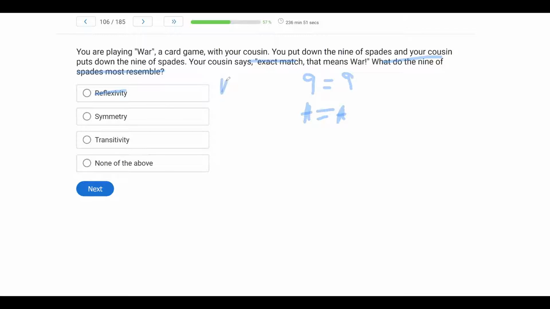Because with reflexivity, we're talking A equals A. If we had symmetry, we'd be talking A equals B, B equals A. And then transitivity, we'd be A equals B, B equals C, A equals C. So again, we don't have a traditional derived relations question here, but the question is testing your knowledge of the different types of equivalence.